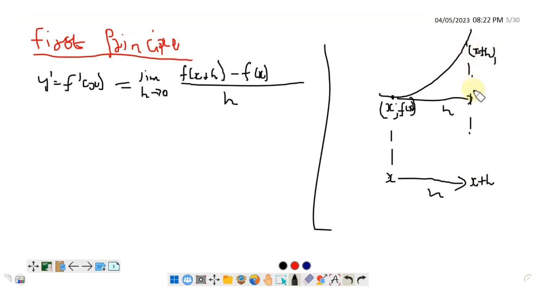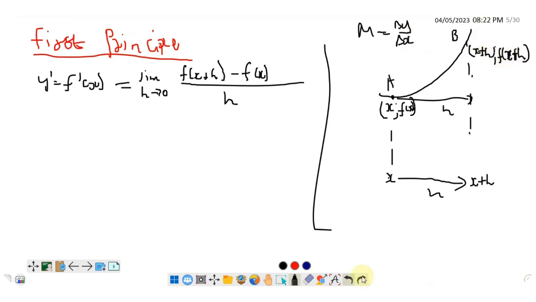And now when you are here, the y value also has changed. Here you were at x, you had the y value of x. Here we are at x plus h. Now we want the y value of x plus h. So now if this is point A and this is point B, when you want to find the gradient, we know the gradient is going to be changing y over changing x, right?